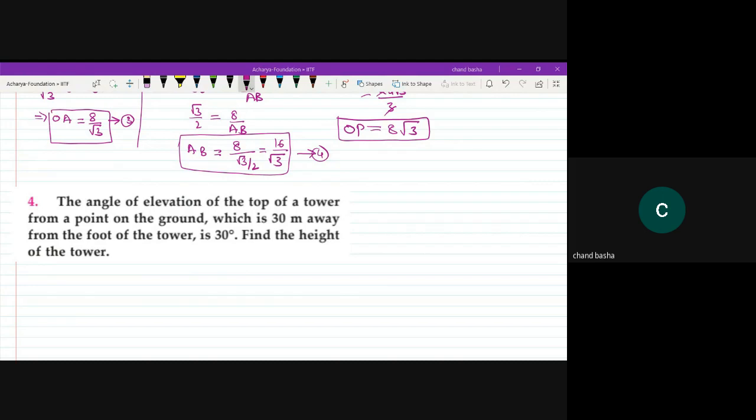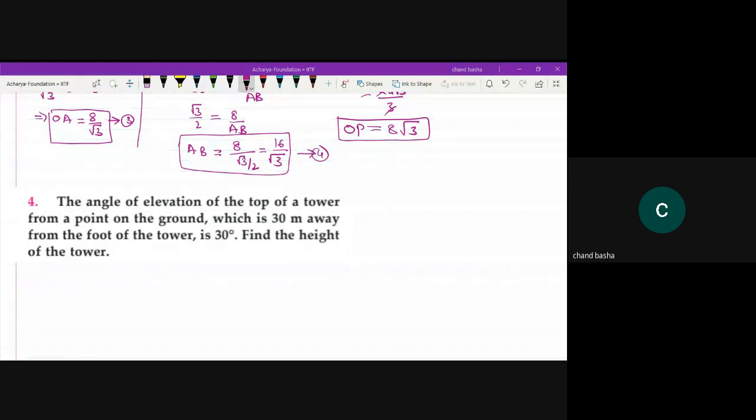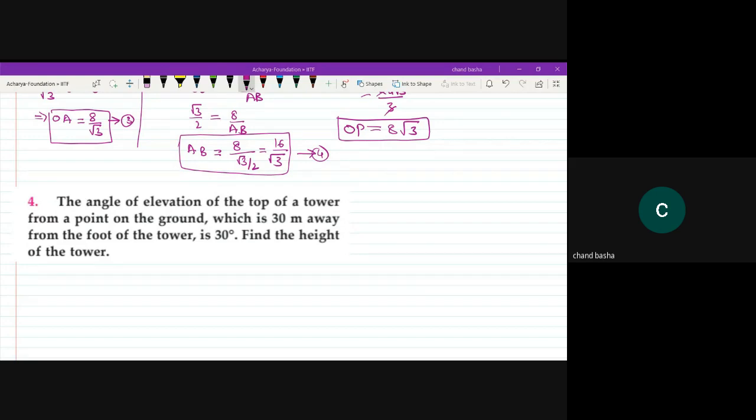The questions are so lengthy, but the answer is very simple, guys, if once you can form the approximate figure. Figure, diagram is important.